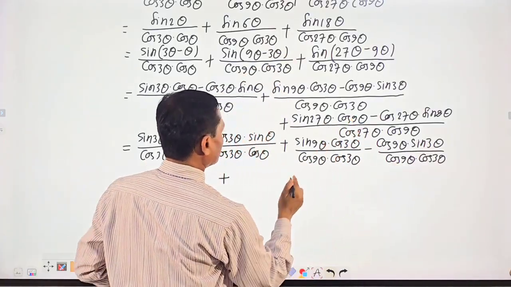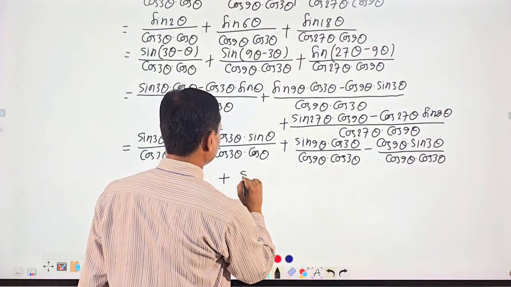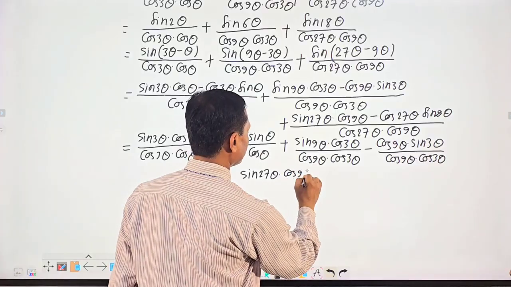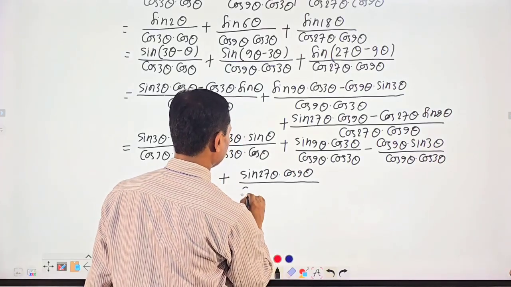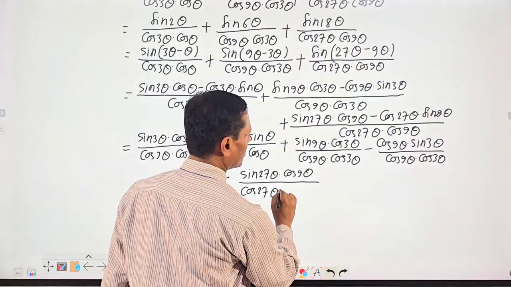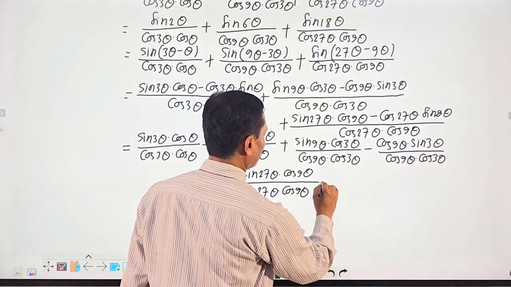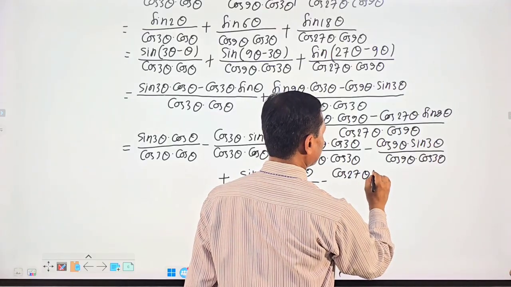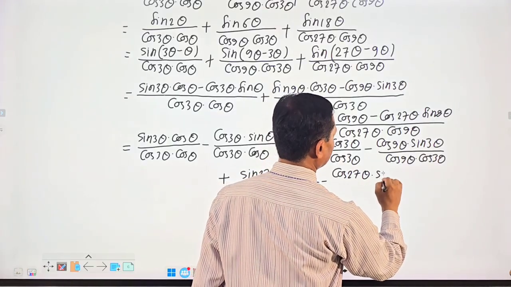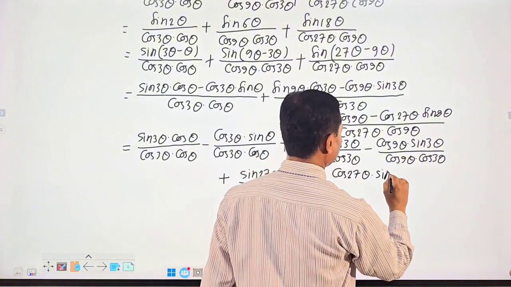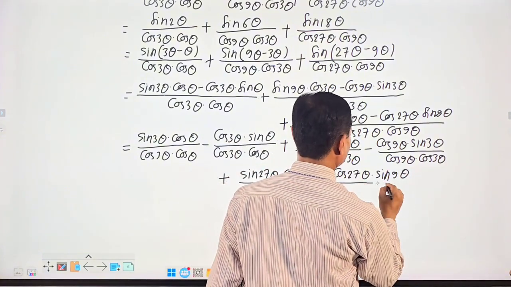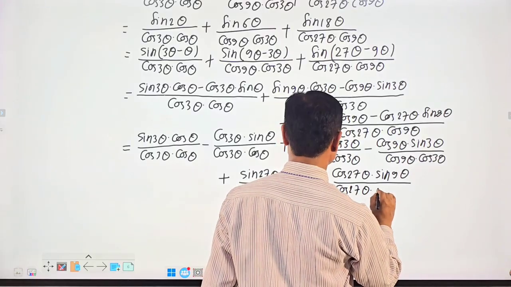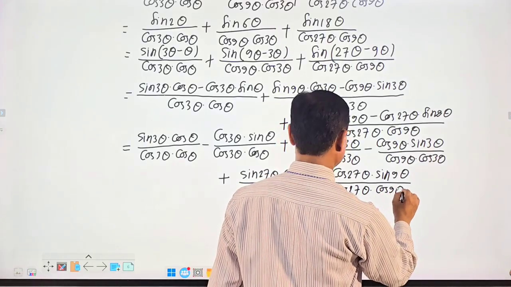We have here sin 27 theta dot cos 9 theta over cos 27 theta dot cos 9 theta minus this part cos 27 theta dot sin 9 theta over cos 27 theta dot cos 9 theta.